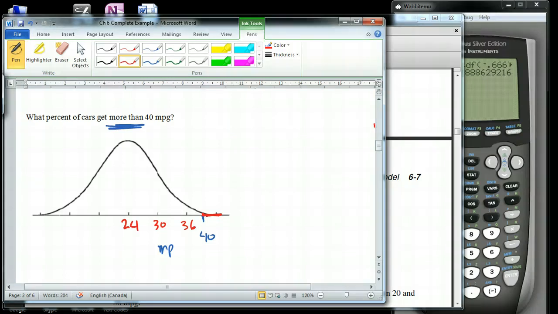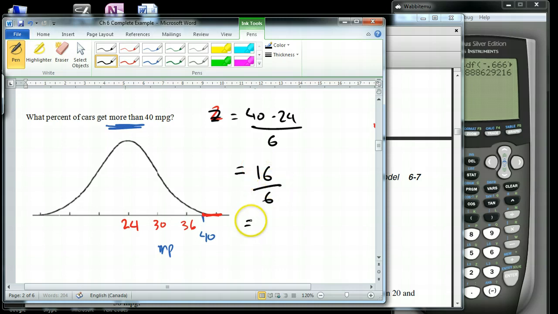The z-score for 40 is 40 minus 24 divided by 6, that is 16 divided by 6, which will be 2.666, or 667. All right, so that's my z-score.